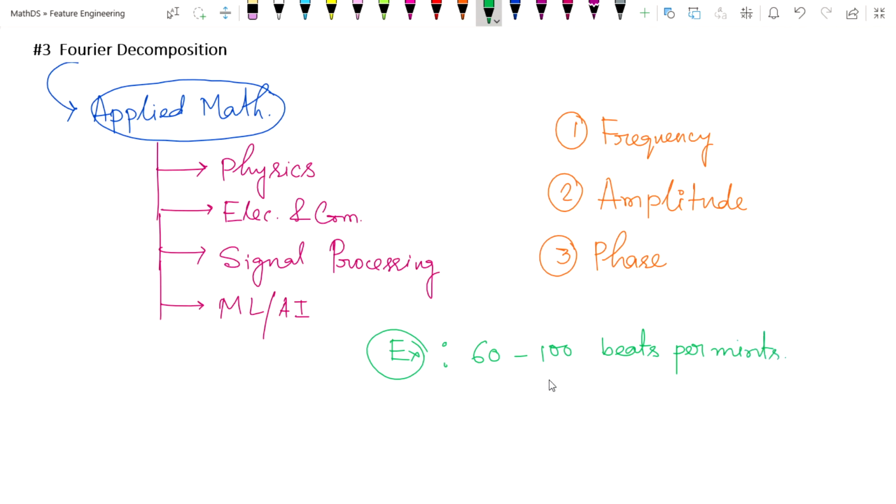Beats per minute means that in a minute the human heart pumps 60 to 100 times. That is the actual internal meaning of it.